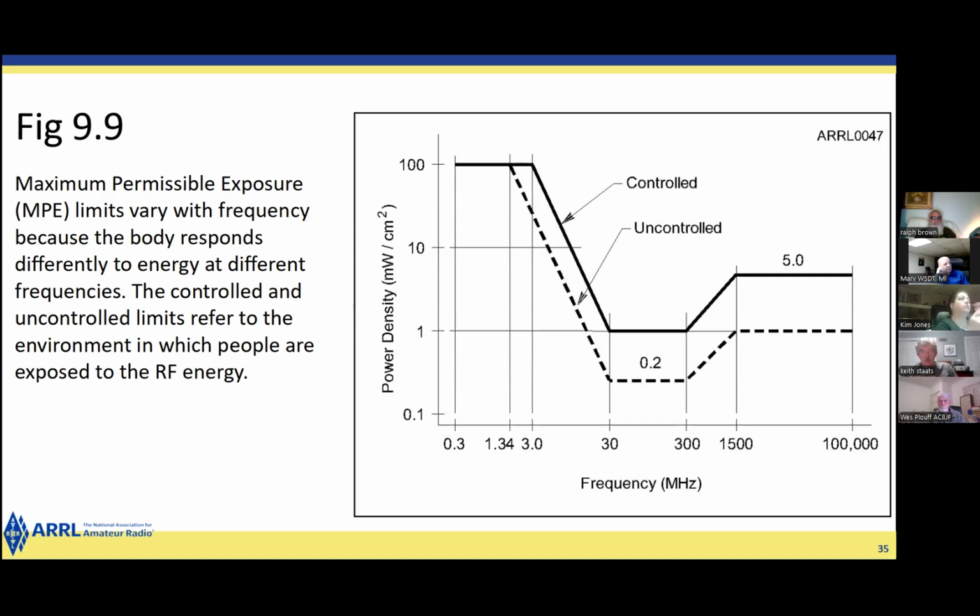The MPE limits vary with frequency because the body responds differently to energy at different frequencies. The controlled and uncontrolled limits refer to the environment in which people are exposed to the RF energy. Now, what's controlled and uncontrolled? We'll get to that.